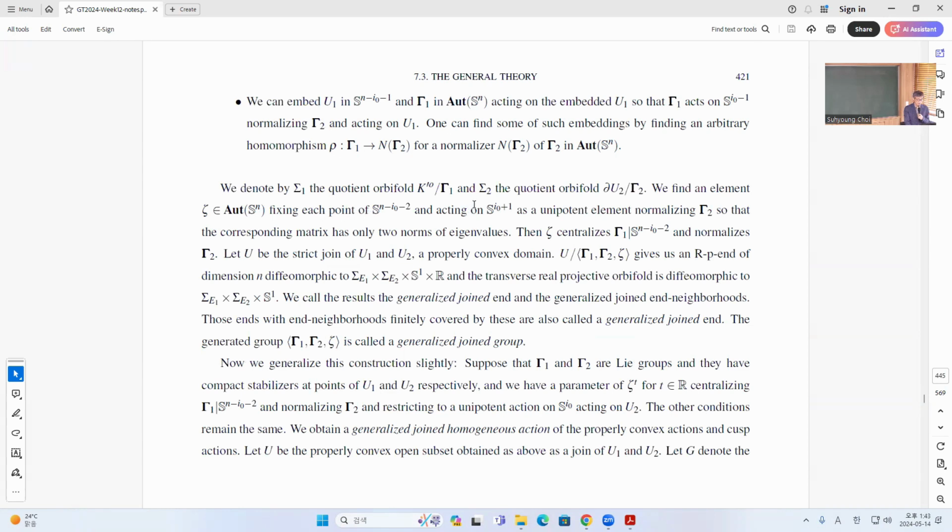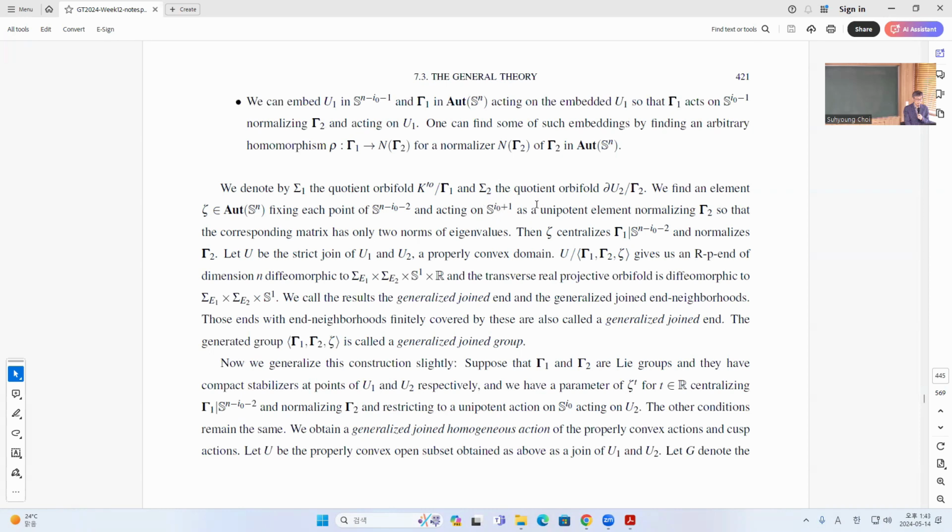Okay. So then this gamma 1 is a quotient like this, and gamma 2 is this, and then we find this automorphism zeta fixing this element, and the S_{n_i+1} has some unipotent element normalizing gamma 2, so that this corresponding matrix has only 2 norms of eigenvalue.